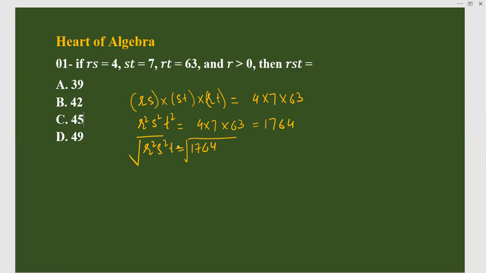Now, it will be difficult for you to remember what exactly the square root of 1764 is. So I told you in one of my videos how to find the square of any number. For example, you find the square of 42.